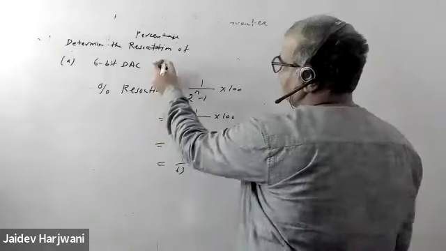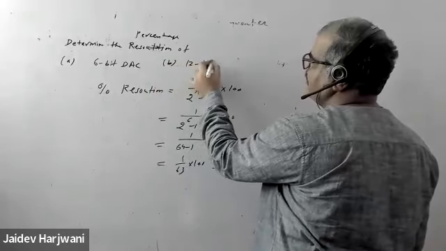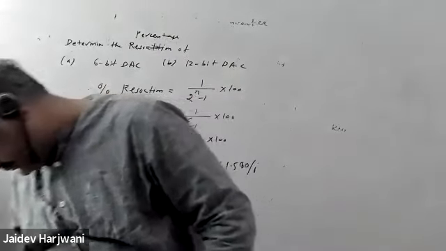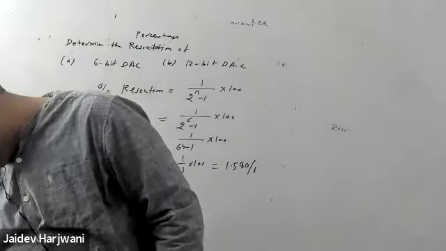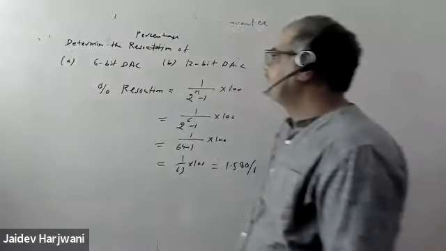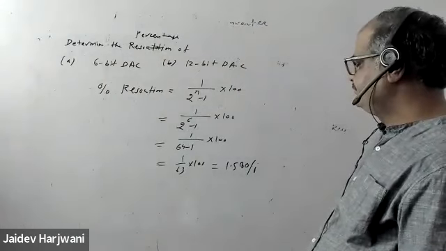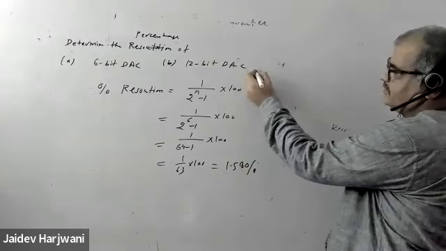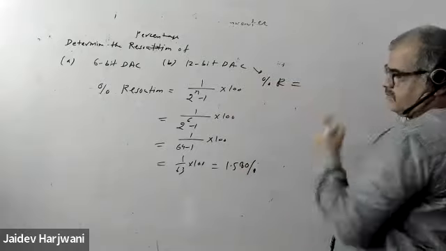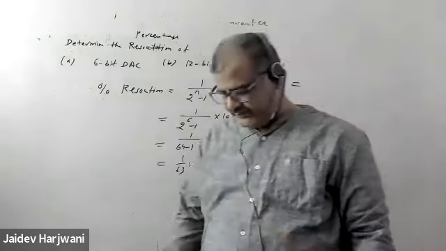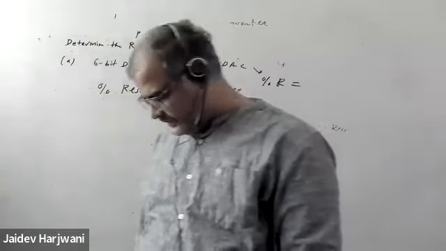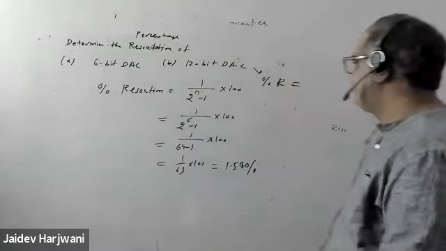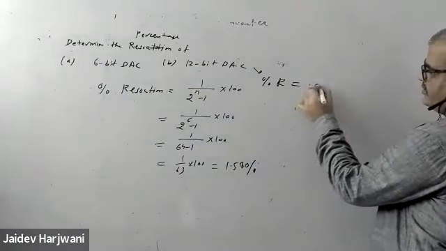Okay, similarly if I take now a 12-bit D2A counter, then how much will the resolution come? Calculate. 0.0244.